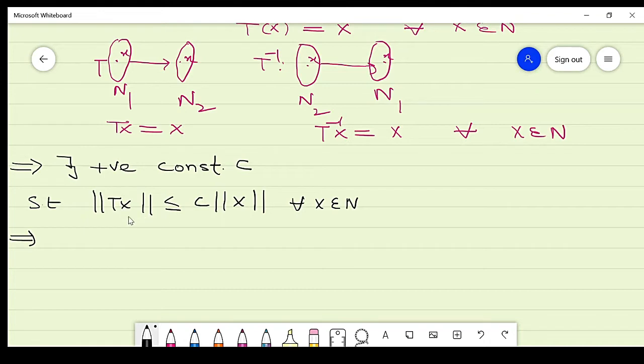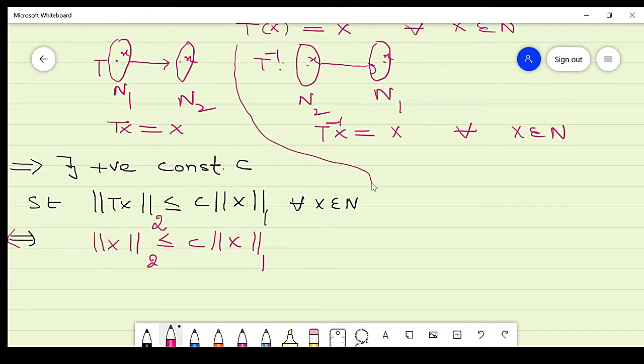Here x belongs to N1, so it is norm 1, and Tx belongs to N2, so it is norm 2. The difference is only the norm. So it implies norm 2 of x is less than or equal to C times norm 1 of x. Remember that. This follows because T is a bounded operator, which we did using this result.